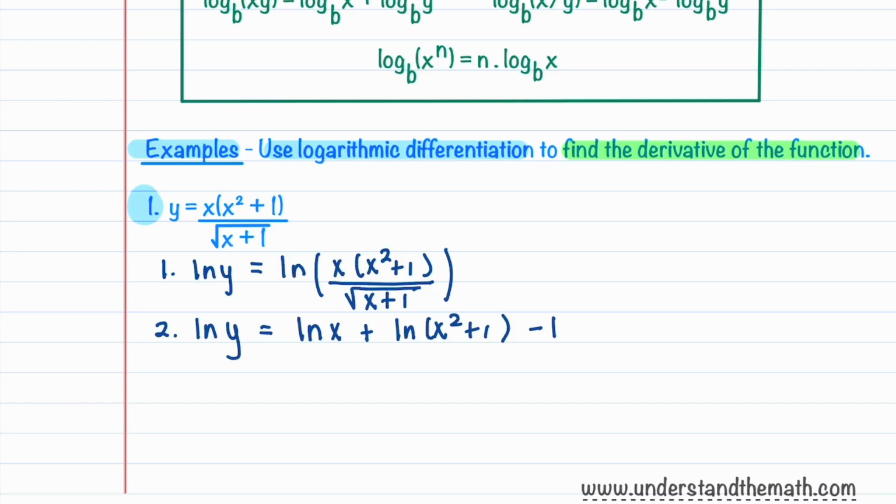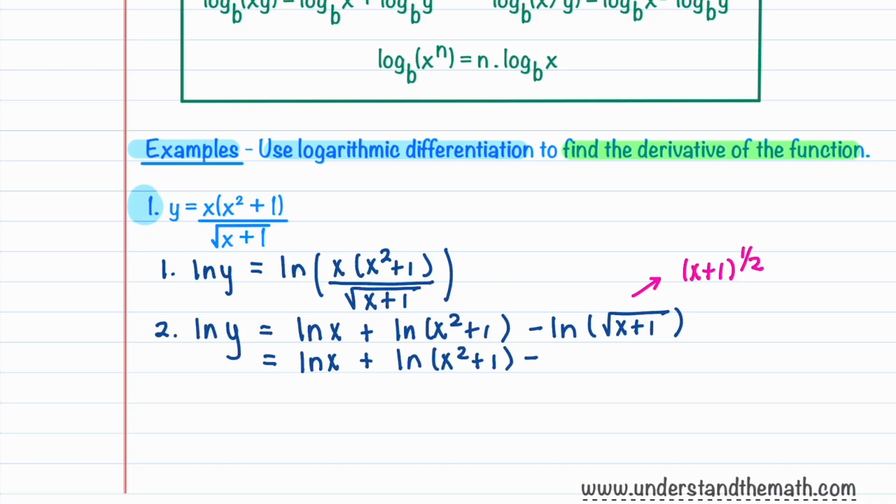So we have minus ln of the square root of x plus 1. I'm just going to remind us here that the square root of x plus 1 is x plus 1 to the 1/2. So we can do one more step of simplification, and we're going to pull that 1/2 out in front. So this becomes ln x plus ln x squared plus 1 minus 1/2 ln x plus 1.